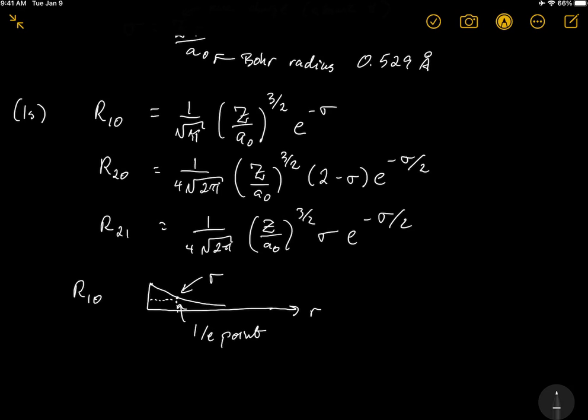That's the 1 over e point. The value at which that occurs is about 30% of the initial peak value at sigma equals 0.